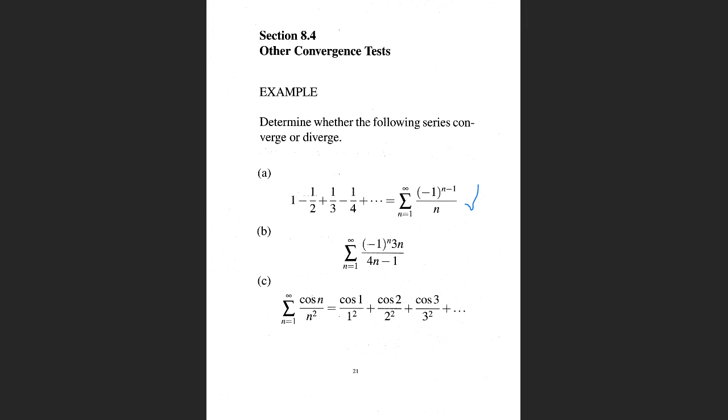Okay, so, all right. As always, we want to determine if series converge or diverge. And looking at series A, in section 8.4 here, looking at the terms of this series, what are the terms?